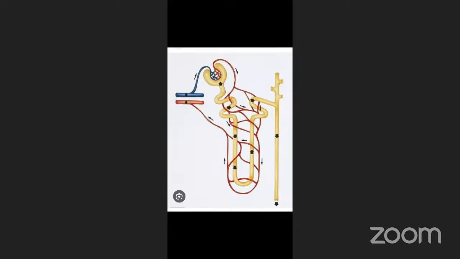When you look at that diagram there, within the nephron is the flow of the glomerular filtrate, and you can see the flow of blood within the blood capillaries. They are flowing in opposite directions. That's what we refer to as counter current flow.